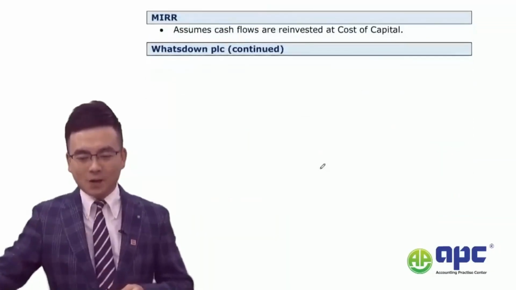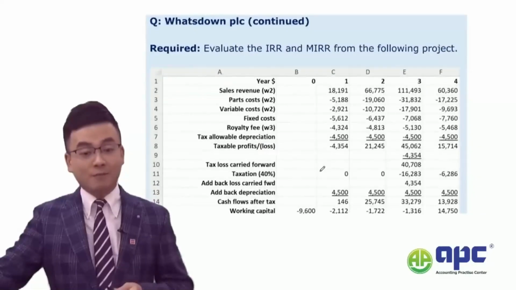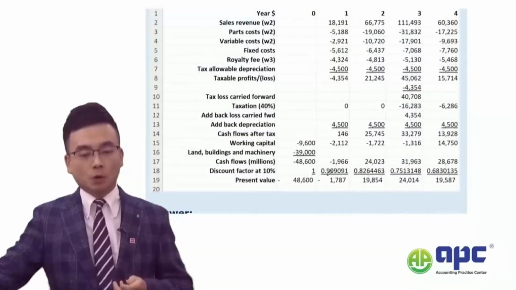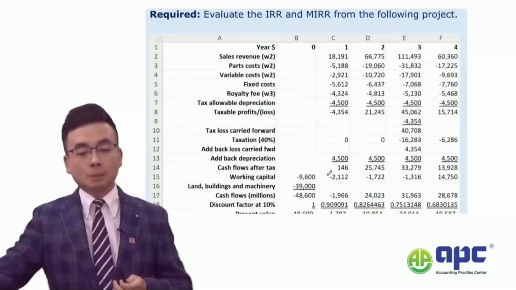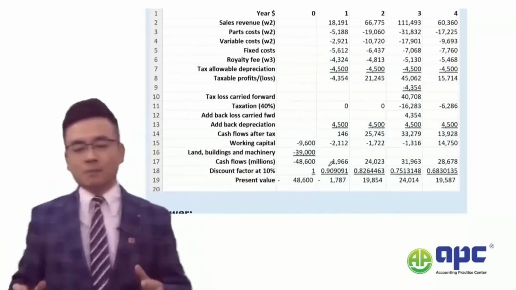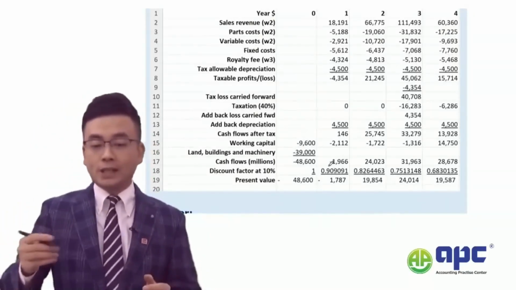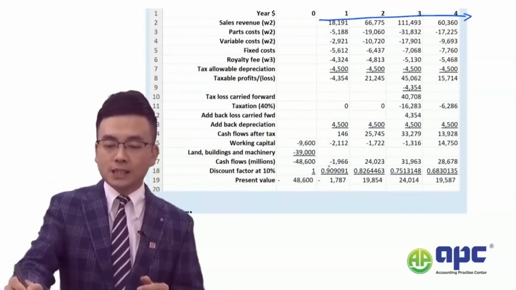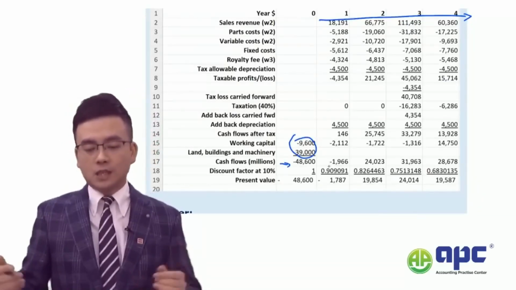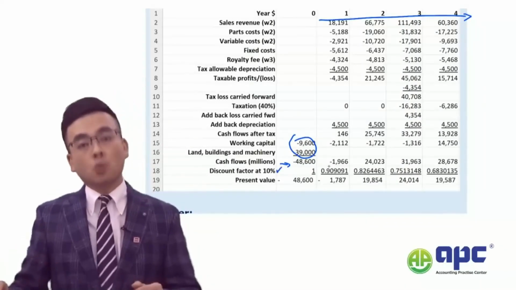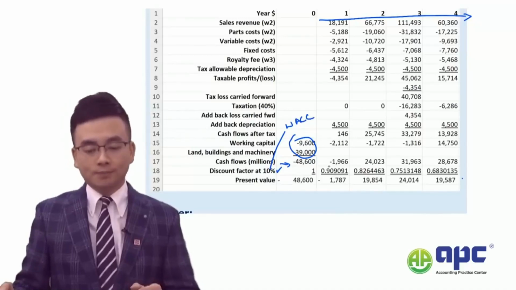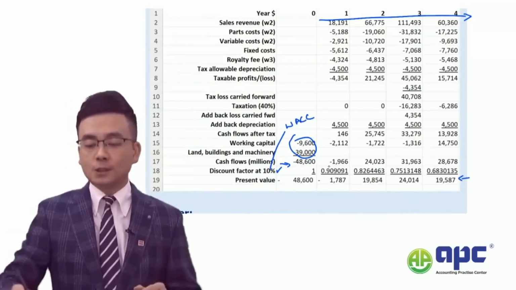Now, what I tend to do is have a go at the Wattsdown PLC again by seeing this project, using the project information, and to calculate the IRR and the MIRR from it. Again, we are given that the project will be lasting for 4 years, the initial investment is 48,600, and we discount at the weighted average cost of capital, or WACC, at 10%, and this gives us the present value.